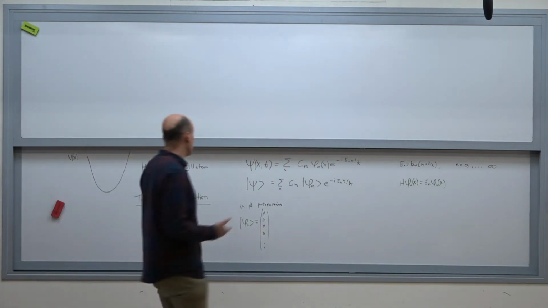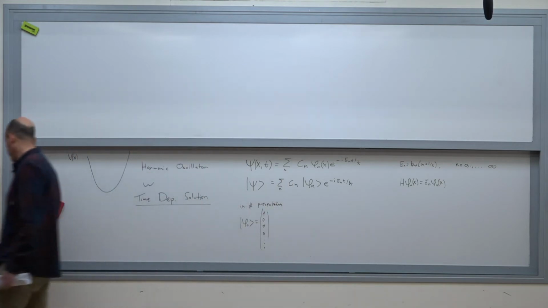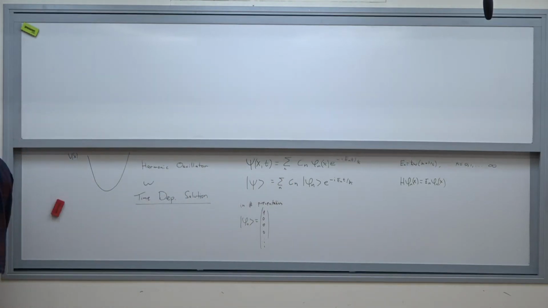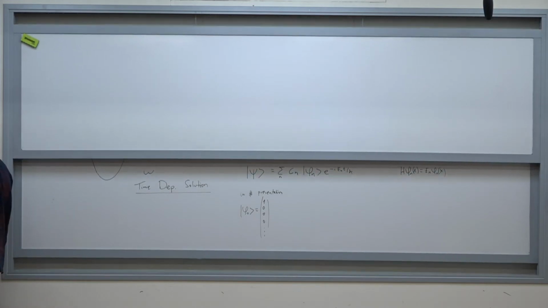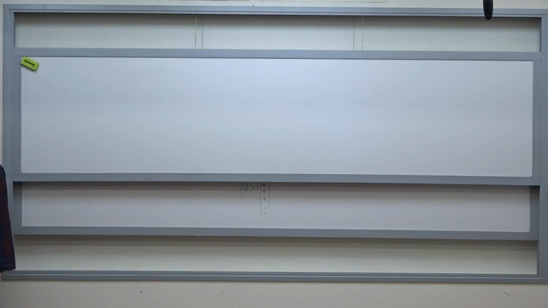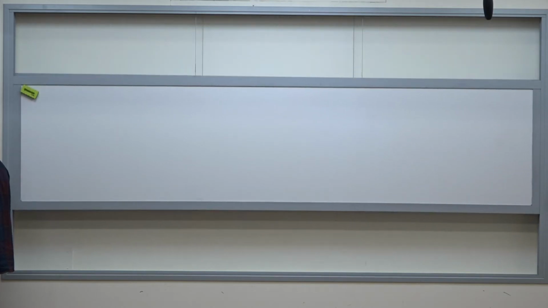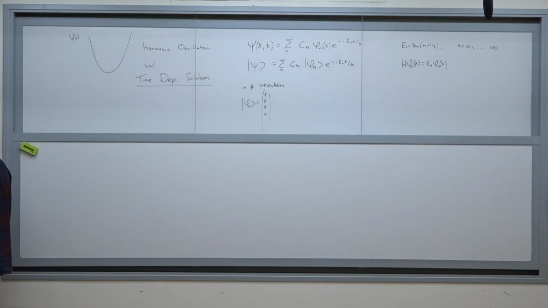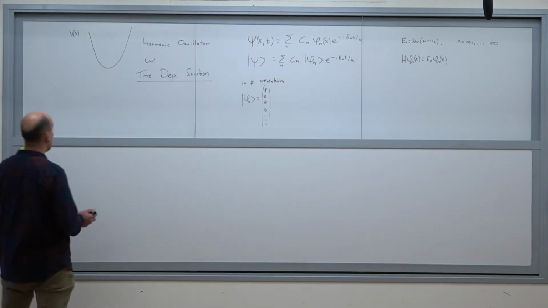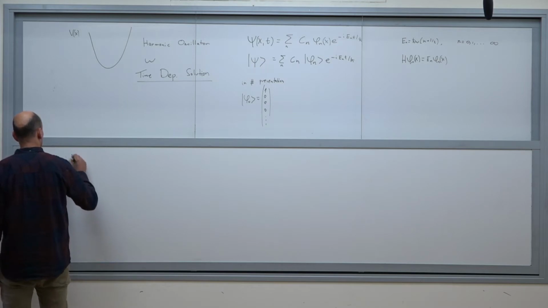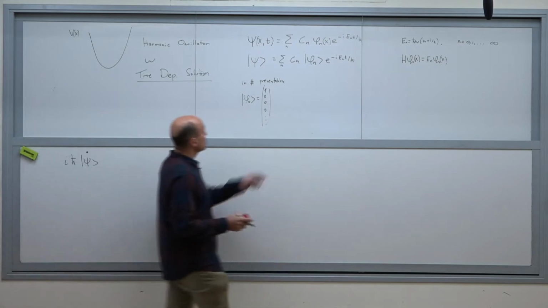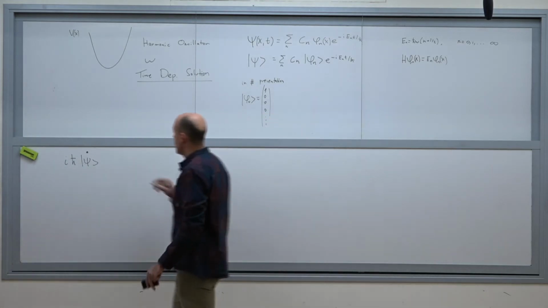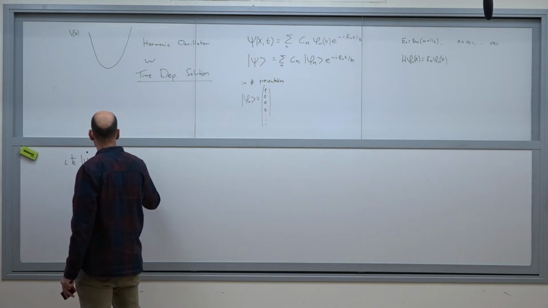Okay, so now we have these presentations. And just to write things, I can write, for example, i h-bar psi dot. So I'm using this Dirac notation, equals sum C_n phi_n.